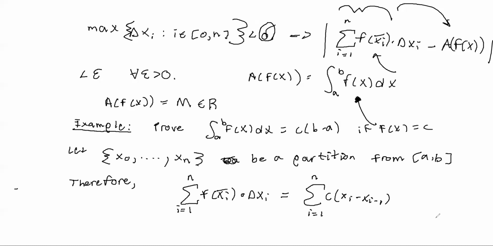I'm going to go to the next page, which is equal to c times, oh, my bad. Try to erase it. The sum of x sub i minus x sub i minus 1 from i equals 1 to n.